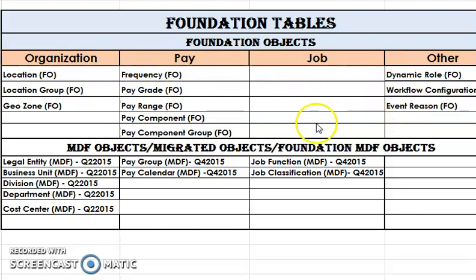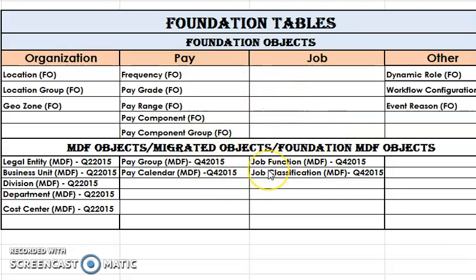The configuration output, or whatever we are testing, we can see in the Manage Organization, Pay and Job Structure application, where master data maintenance and testing can be done.